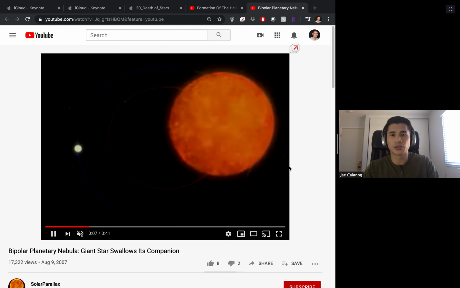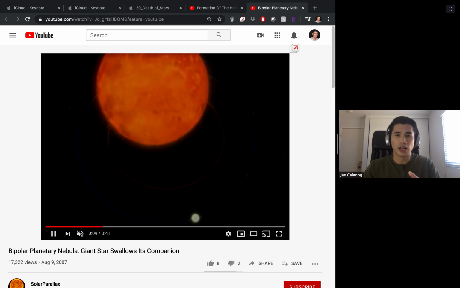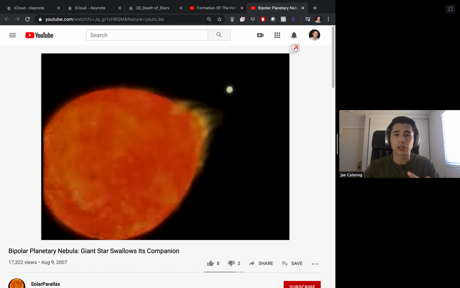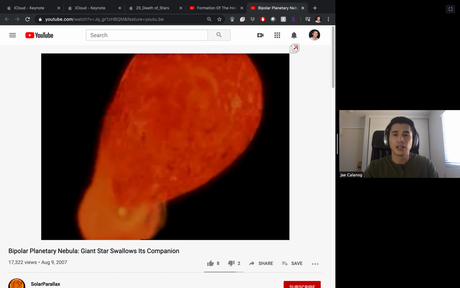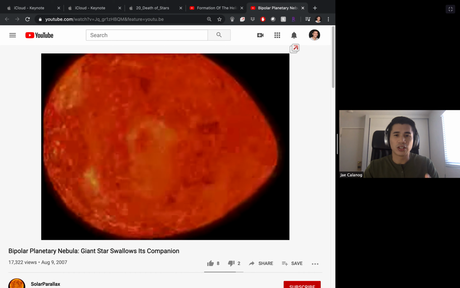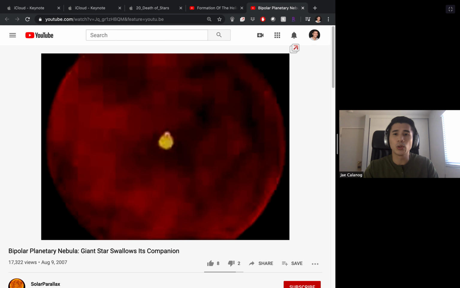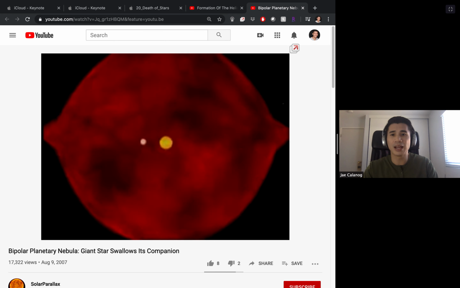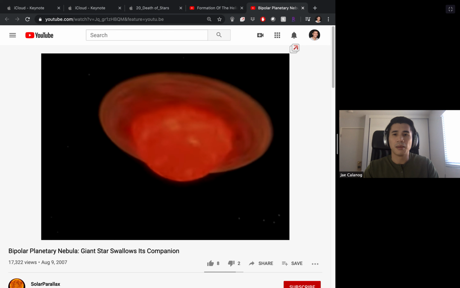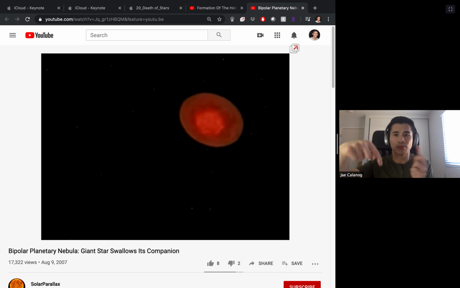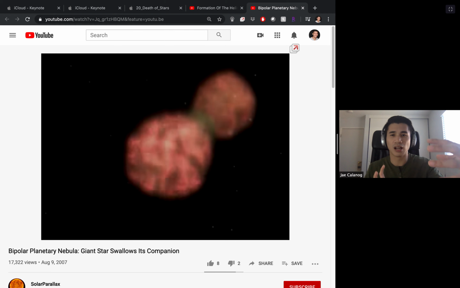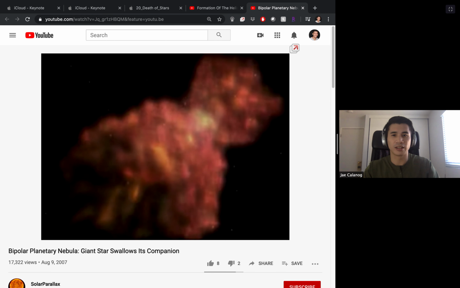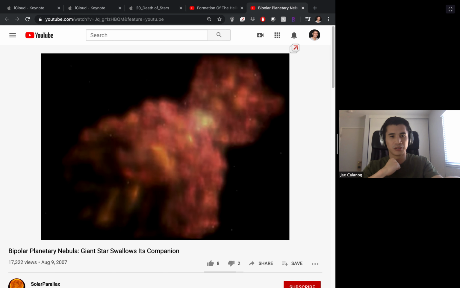So as these two stars are orbiting each other, they're going to get closer and closer, and eventually, if the supergiant gets close enough, then the outer layers that are closest to its companion star will get pulled in by that companion star's gravity, and then because they're orbiting along some sort of plane, that's going to cause the planetary nebula's axis to be biased off one direction, causing these outflows to go in opposite directions.